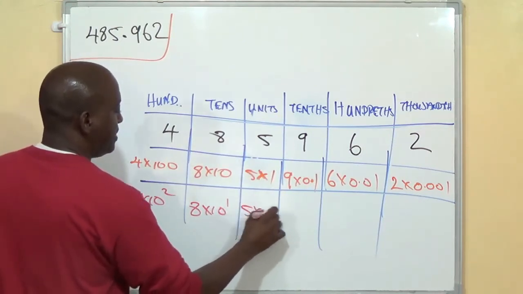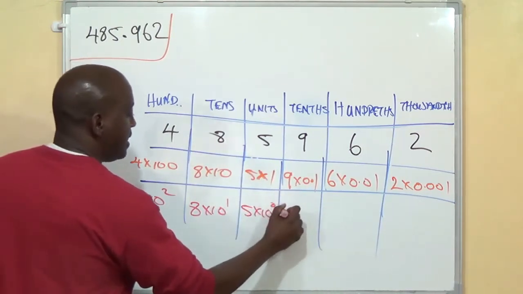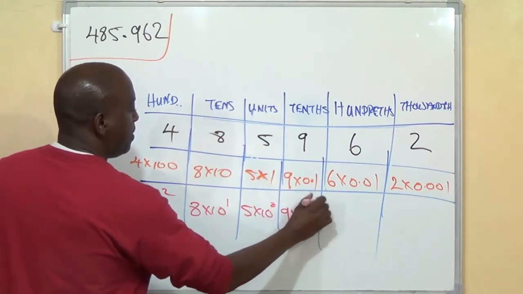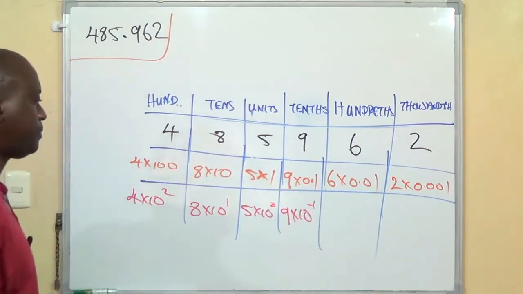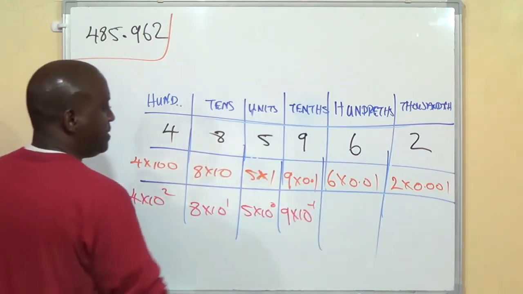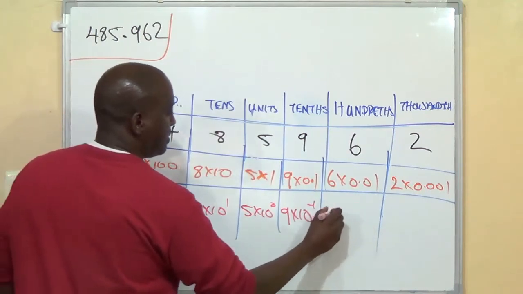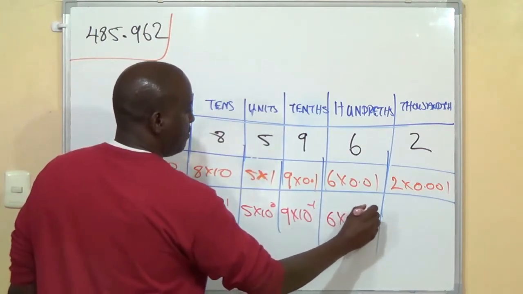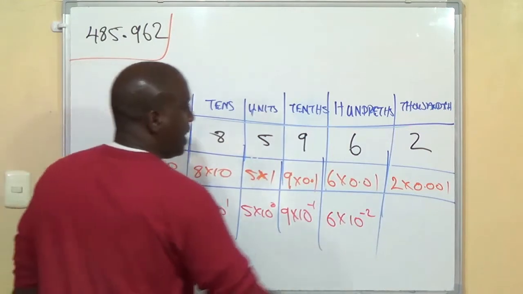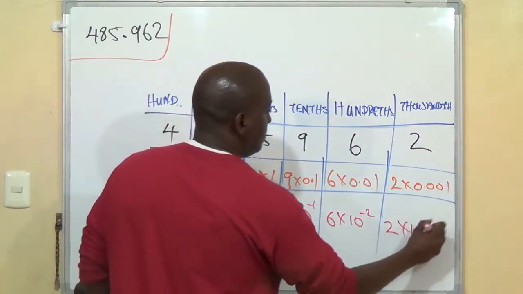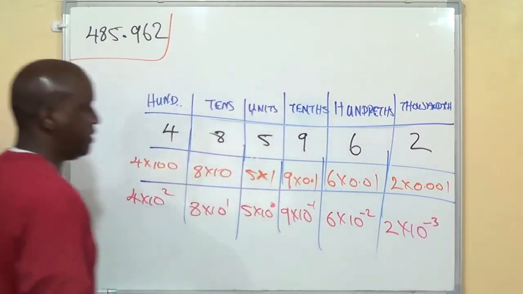So this is 5 by 10 to the power of 0. This is 9 by 10 to the power of minus 1. This is 6 by 10 to the power of minus 2. And this is 2 by 10 to the power of minus 3.